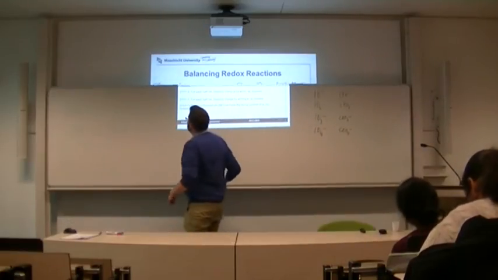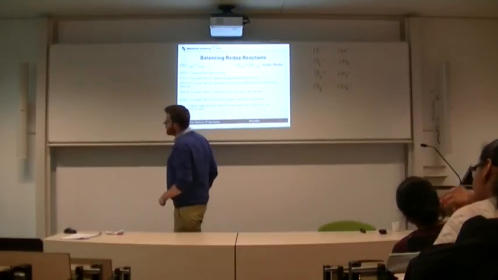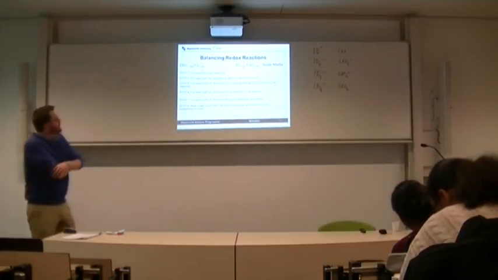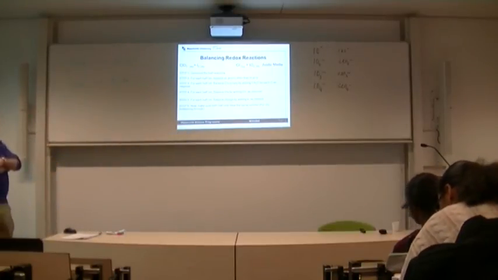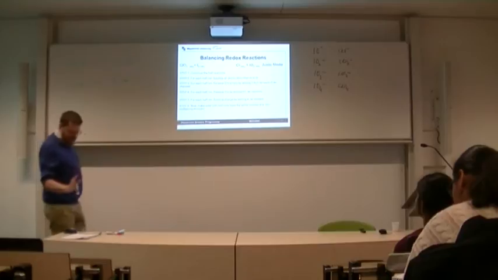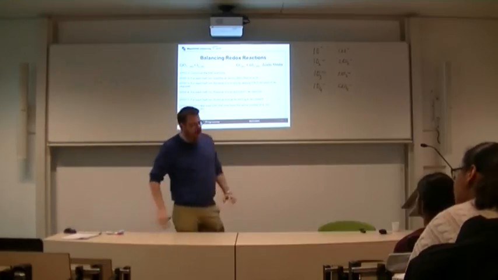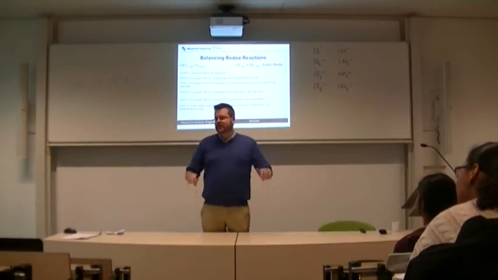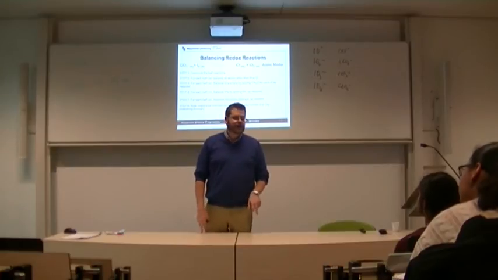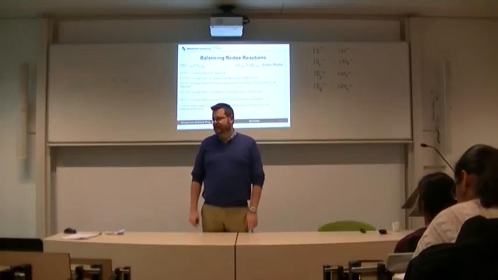Okay. Now, let's come back to the matter at hand. So we've got the 2 half reactions. Now what's the problem? We have to balance all atoms. The first step is, for each half reaction, balance all atoms other than hydrogen and oxygen. Are they balanced?